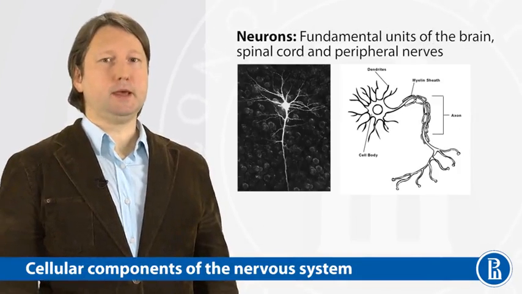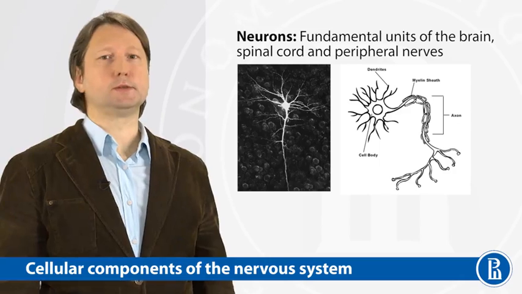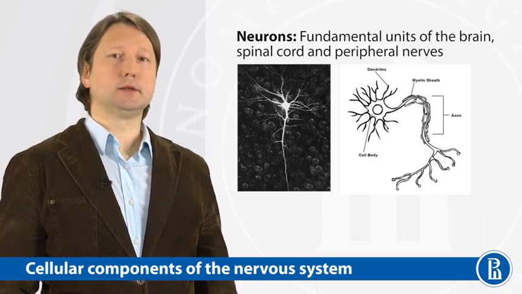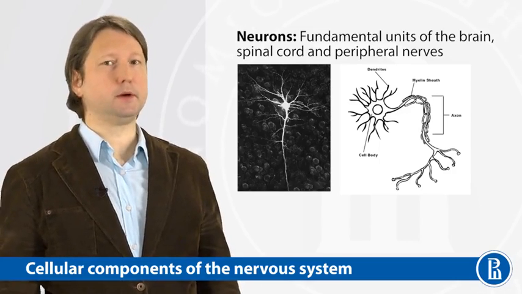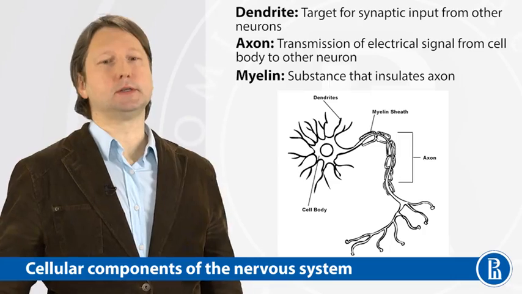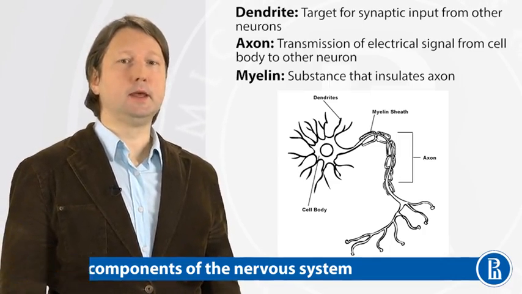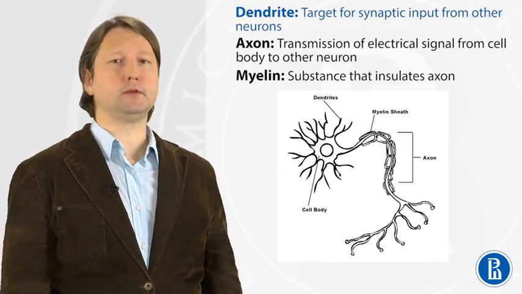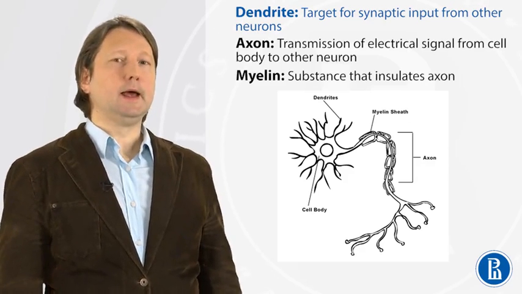The brain consists of various cells, and first of all, of neurons. The neuron is a basic unit of the brain. As you remember, a neuron consists of the cell body, dendrites, and the axon. Dendrites accumulate information from other neurons and from sensory organs.